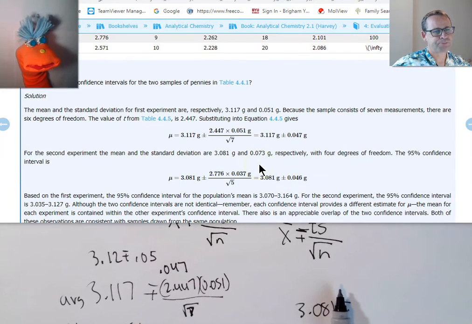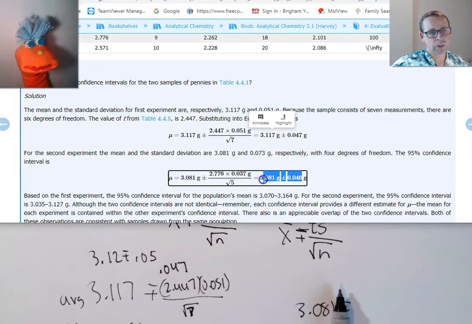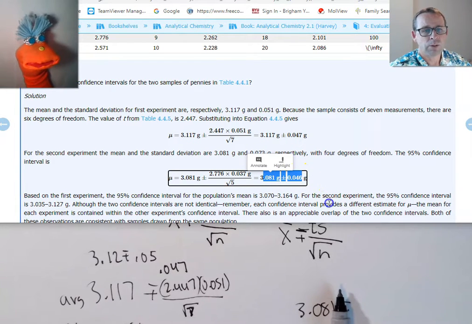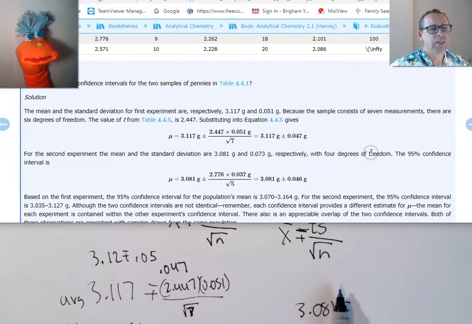Very good. And this one over here is 3.081 plus or minus 0.046, and that needs to be, again, 3.08 plus or minus 0.05, right? It really isn't correct to report more digits of uncertainty than the uncertainty in the second value supports. Okay, good.